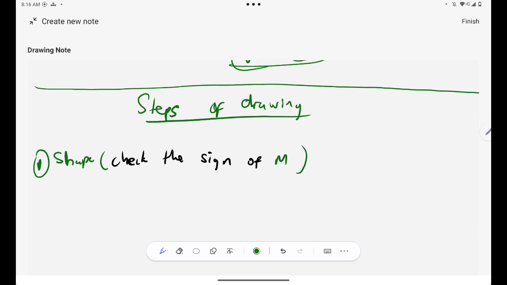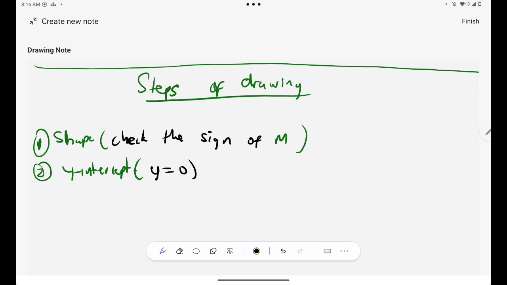Are you together? After doing so, step number 2, find the y-intercept. I don't care what kind of function you are dealing with, but whenever you find the y-intercept, always make y 0, solve for x.